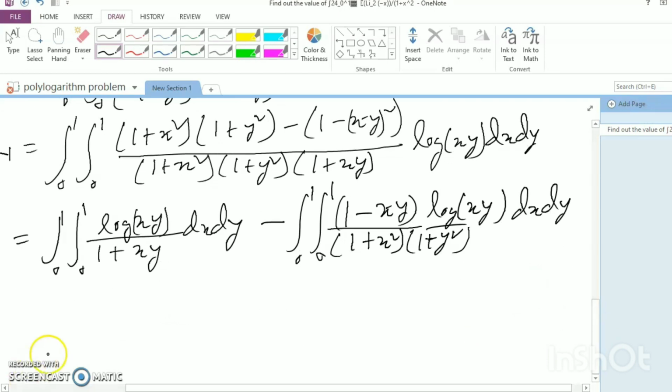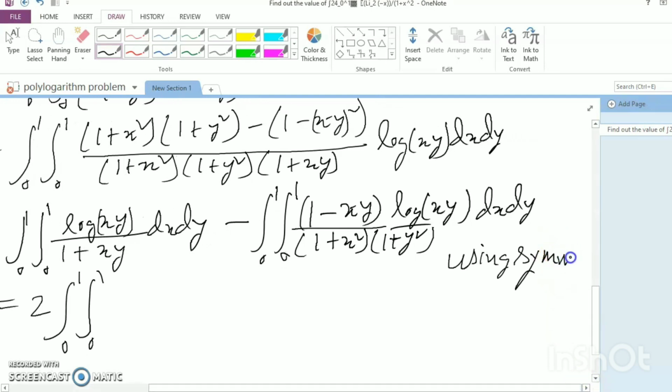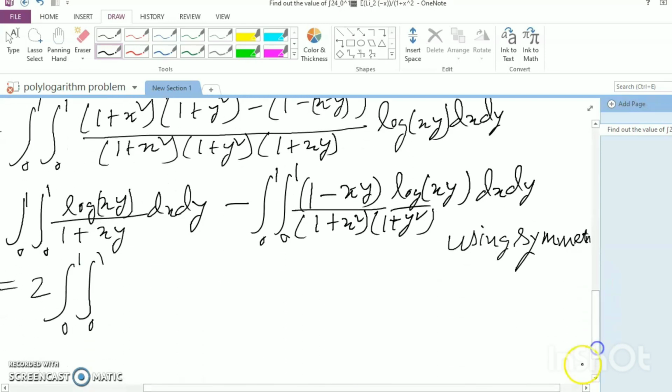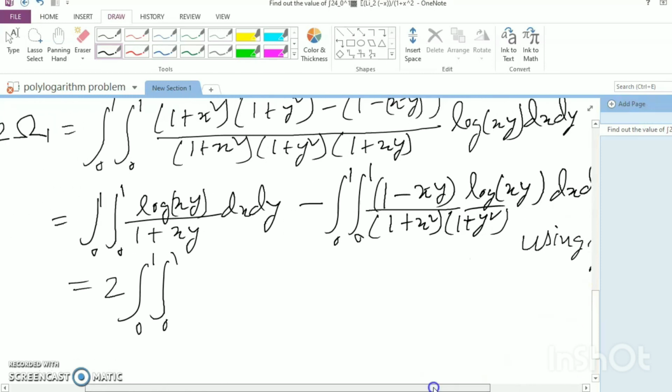Okay, next friends. Next we can write this equation. I used again symmetry. So the log property will be used and the symmetry property. So it will become 0 to 1 and 0 to 1, using symmetry.